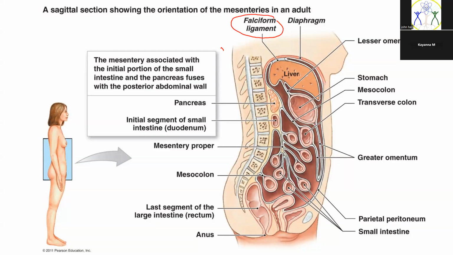Okay, we call this sheet here that runs down the greater omentum, and then of course from the greater and lesser omentum we get what is now referred to as our mesentery proper, where you have the mesentery surrounding various sections of the small and large intestine. And you can see here where they're all attached to the body wall right here. Okay.